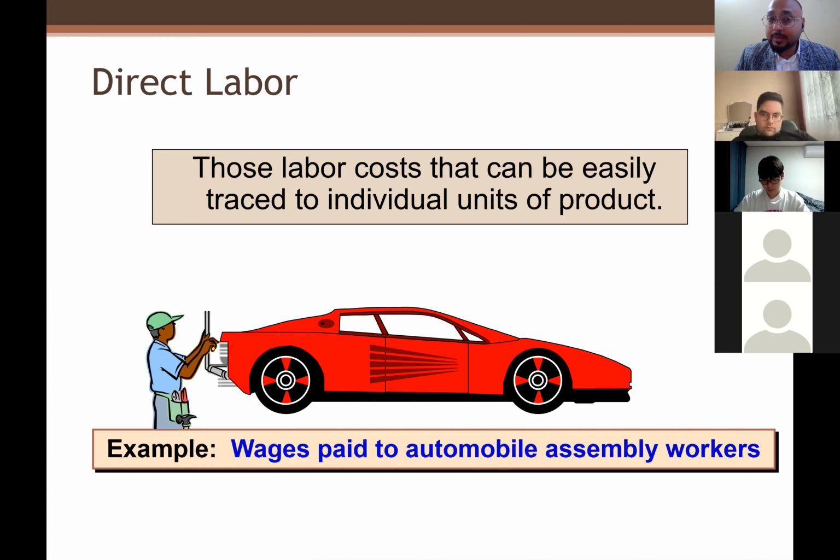So if we can easily allocate how much time is spent on one product, because in the Coca-Cola industry, in 1 minute thousands of bottles are made, right? So it's really hard to calculate how much time is allocated for one bottle. The harder it is, the lesser it becomes direct labor cost. Right, guys?